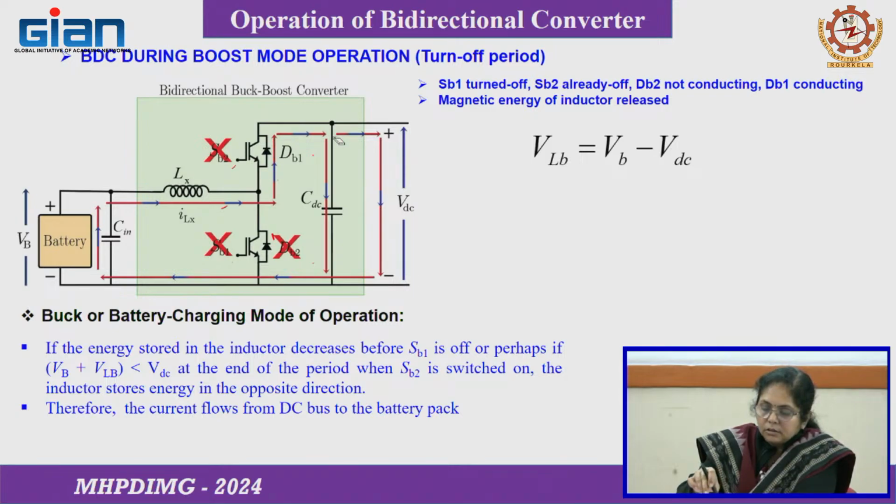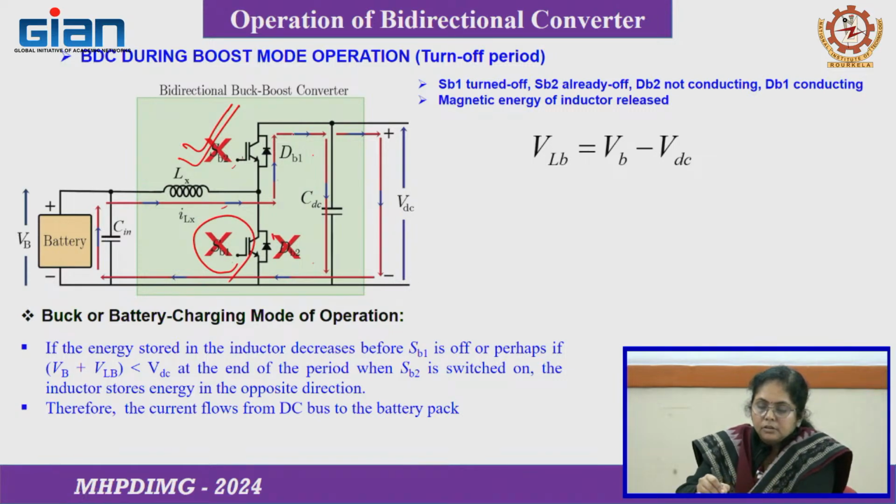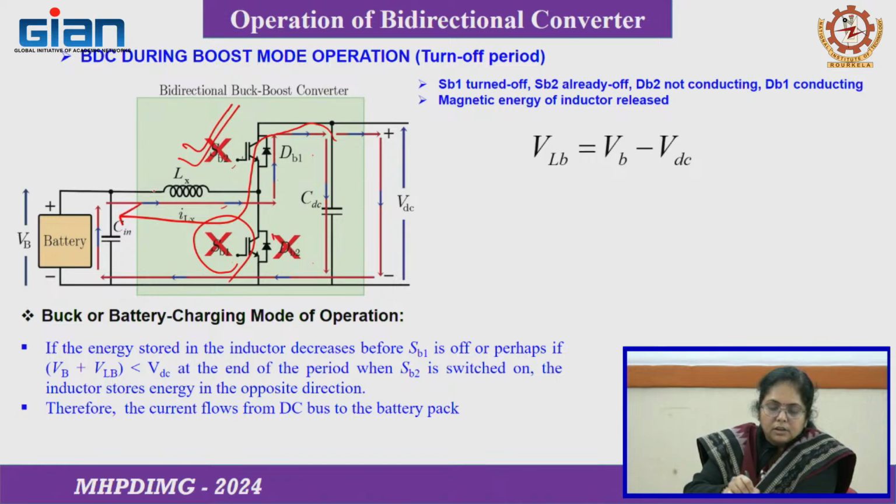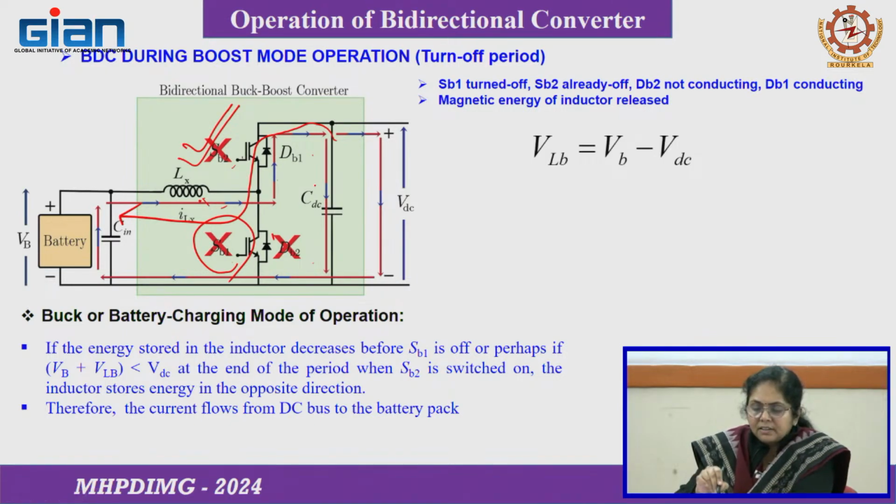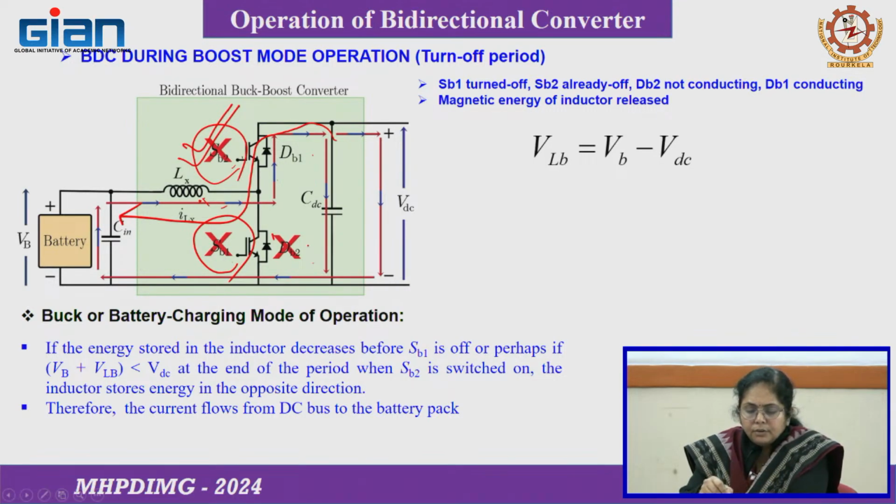Here this switch will be on and this will be kept off. When this switch is on, it will flow in this way, so the inductor will store energy in the reverse direction. That is the battery charging mode, and when switch SB2 is turned off, the opposite will happen, meaning it will flow through DB2.